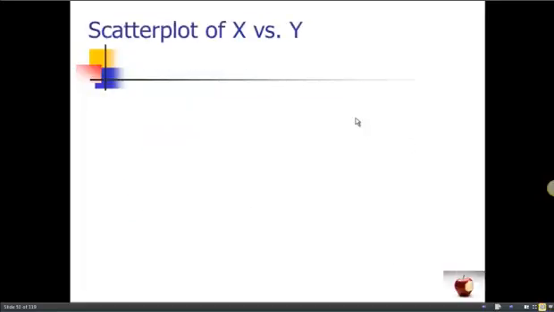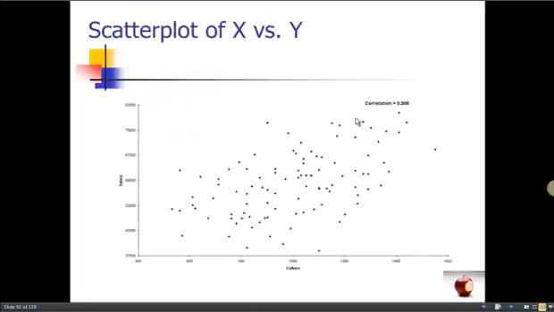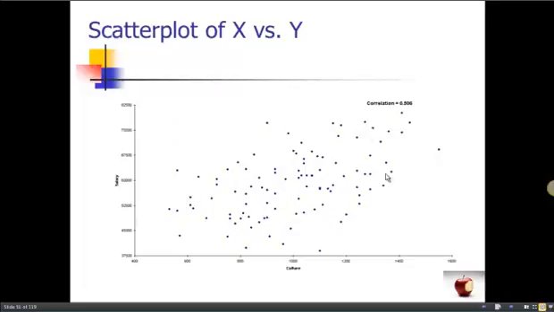So think about a scatter plot of x versus y. In this case, I've got a collection of scatter points here, indicating salary on the y-axis and some numeric measure of culture on the x-axis. These points are clustered around on the paper, and we want to get a sense for what the relationship might be.